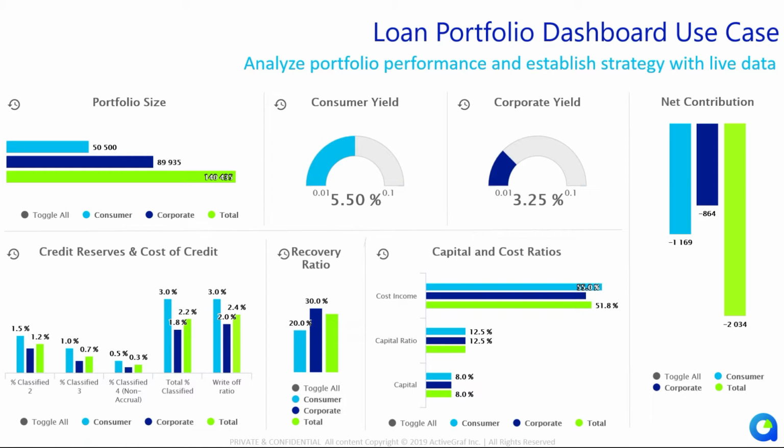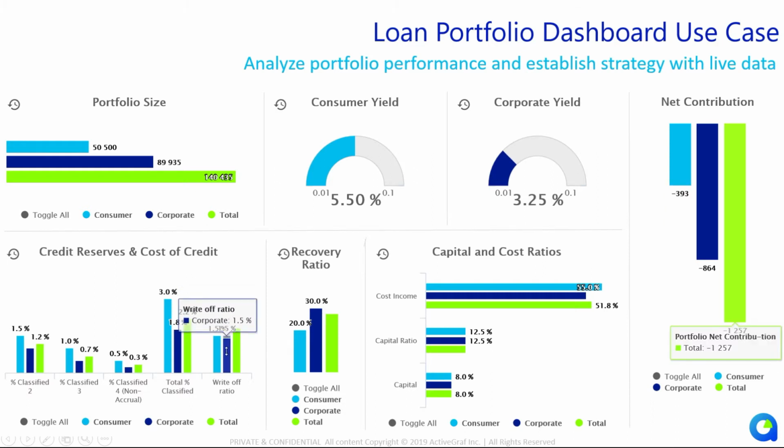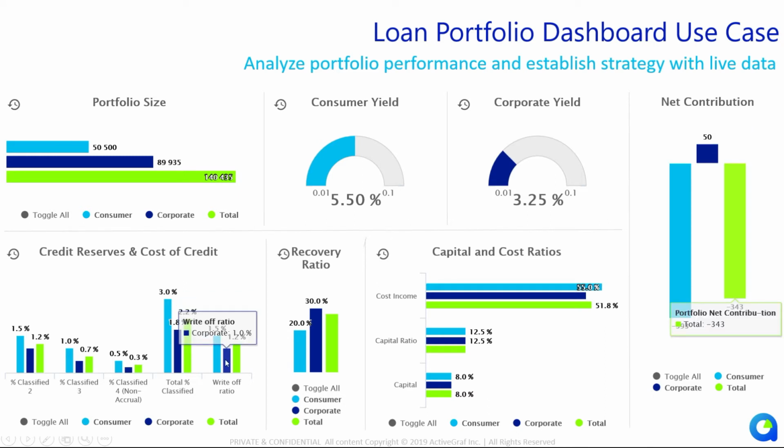So here our write-off ratios need to be reduced drastically. So how much we're writing off of each portfolio at the end needs to be reduced to probably about the 1.5 range or 1% range. Let's click into the corporate. There's the consumer. We've clicked into there. Let's click into the corporate now also and reduce that to 1%.